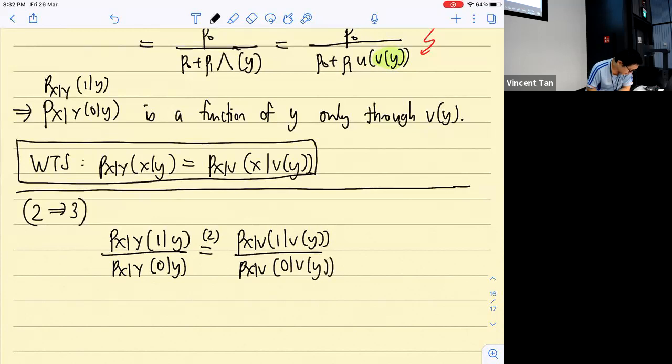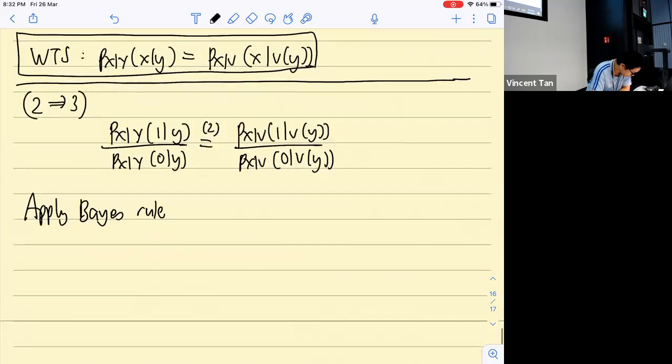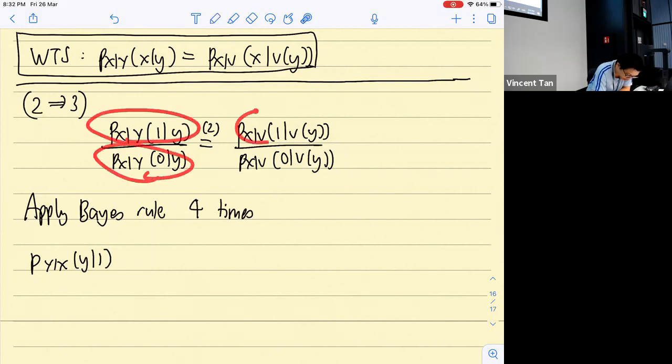So now we can apply Bayes' rule multiple times to the following calculation. This is P of y given x, y given 1. We are going to apply Bayes' rule 4 times to each one of the terms here, 1, 2, 3, and 4. And we see a lot of things will be cancelling. So let's apply Bayes' rule to this guy here.